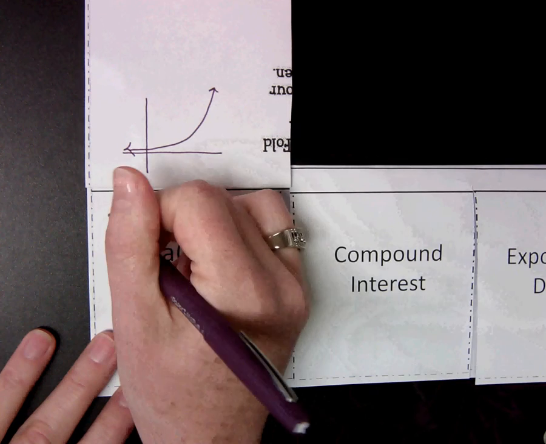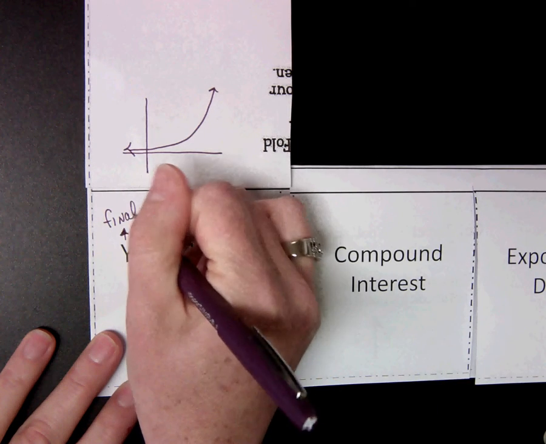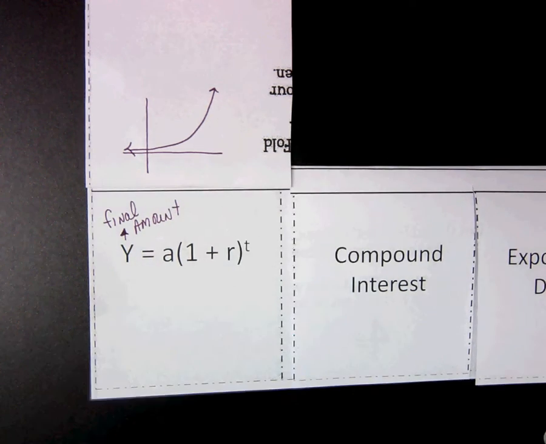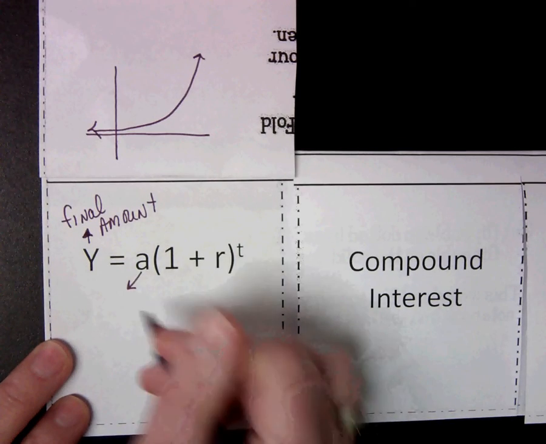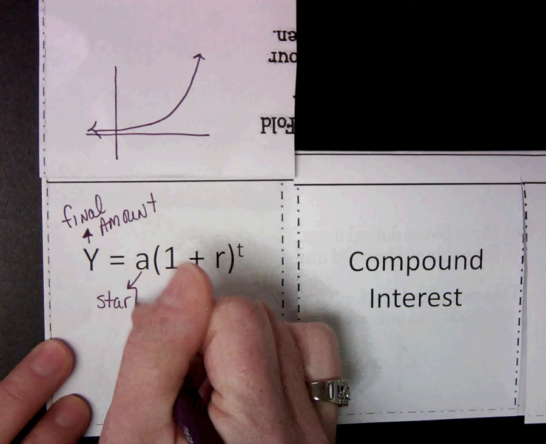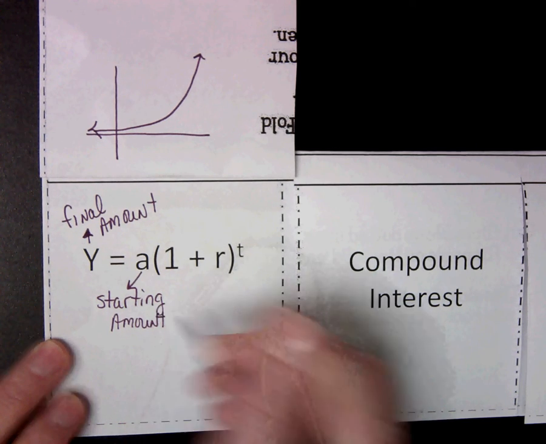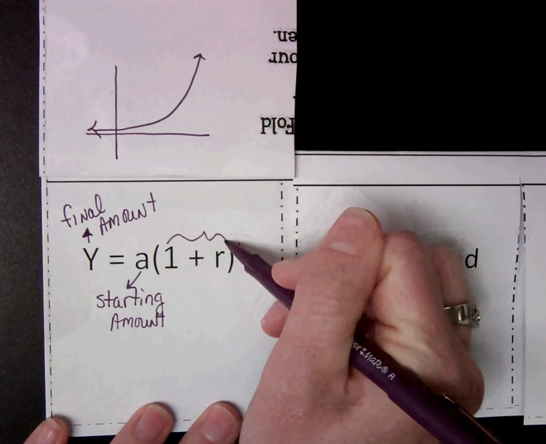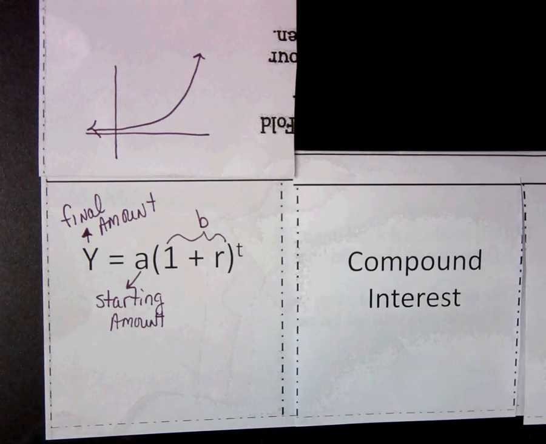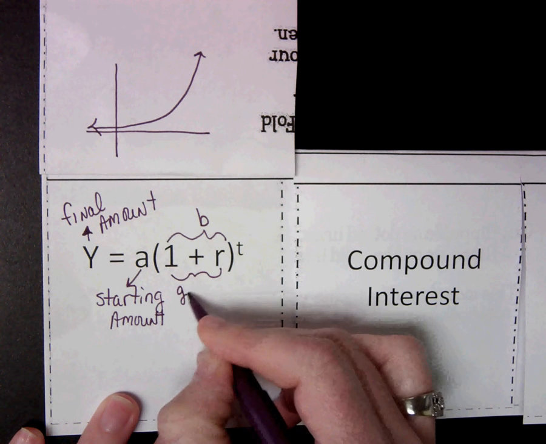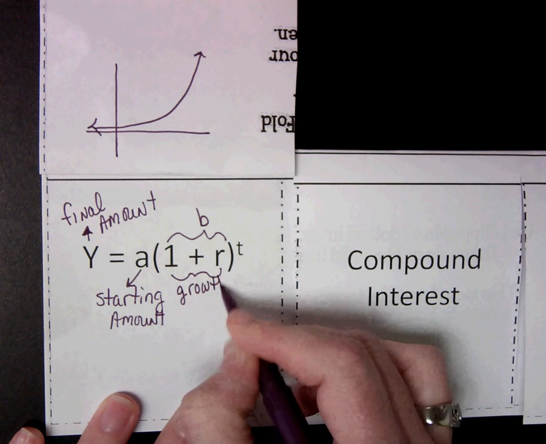The y value is always the final amount of something. The a value is always the starting amount, what we begin with. When we talked about our initial growth and decay, this was our b value, and now it's represented with 1 plus r, or another name for it is the growth factor.